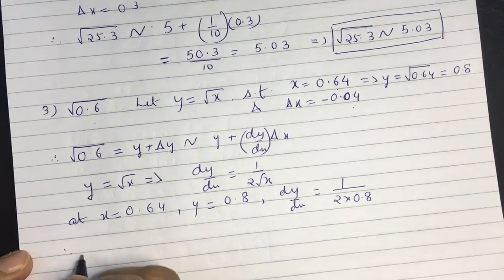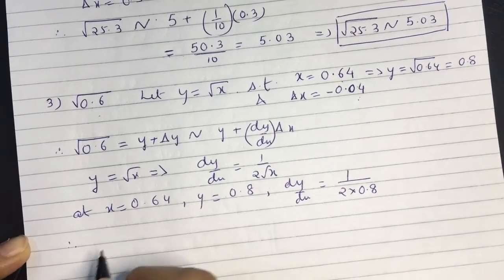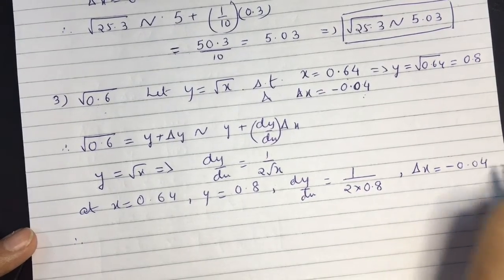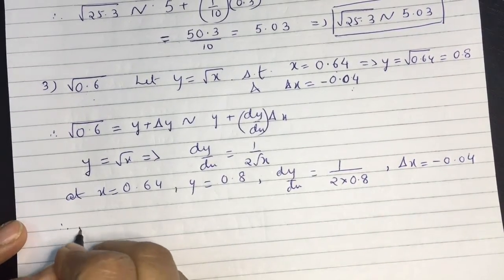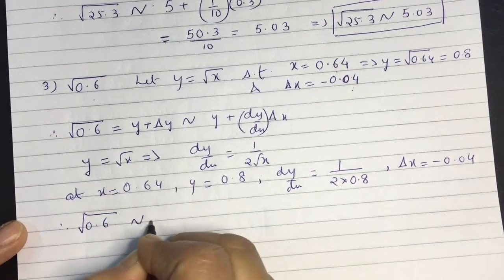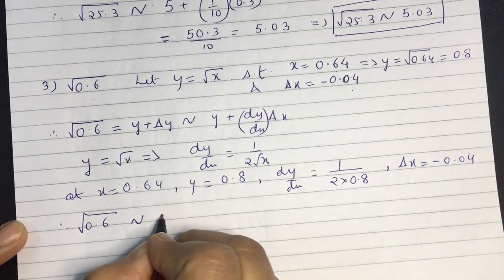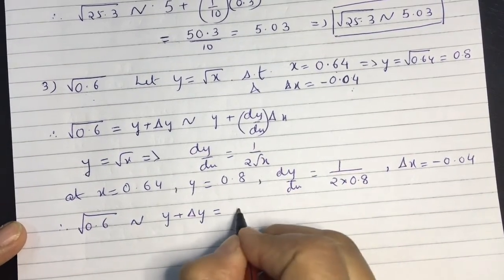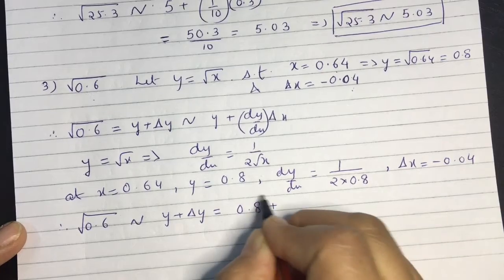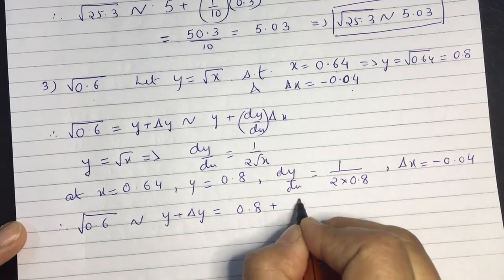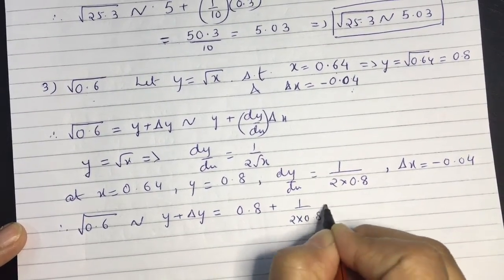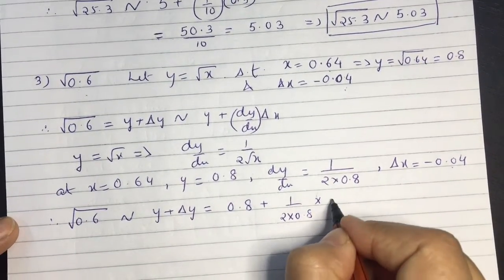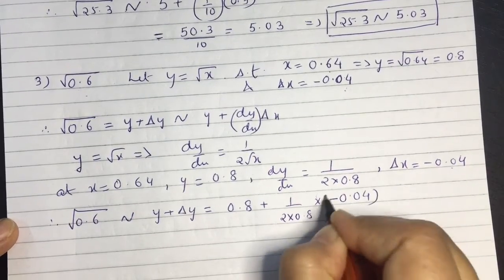Okay, therefore we have delta x is minus 0.04. So we have square root of 0.6 is approximately equal to y plus delta y, which is equal to what? Y is 0.8 plus delta y is dy by dx, which is 1 over 2 into 0.8 into, now here you have to be very careful, the increment is negative, so we have to make use of this negative sign.